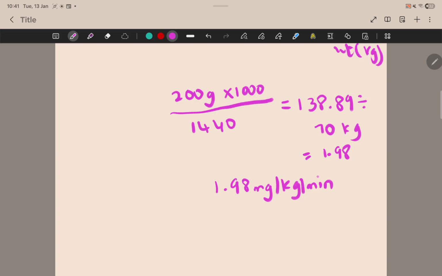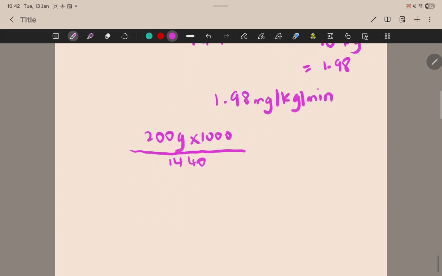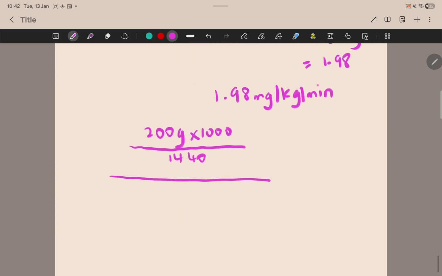If I don't round, on your scientific calculator you can put all of this, 200 grams times 1,000 over 1440, all over 70. Let's add in the units so we're not confused.